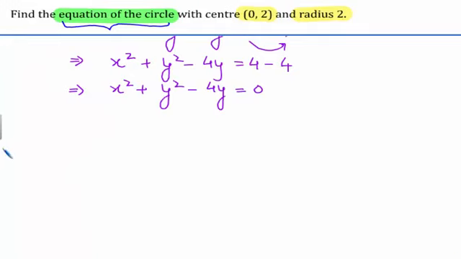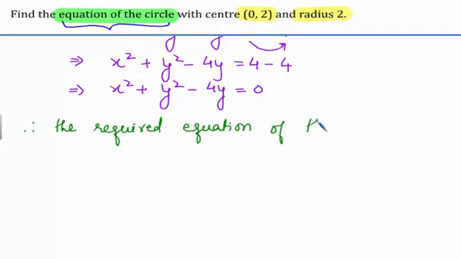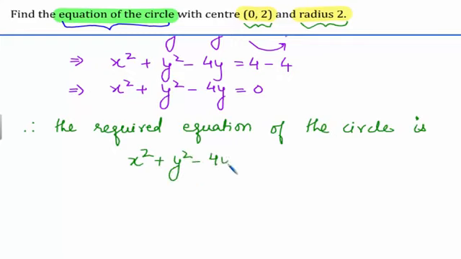Therefore, the required equation of the circle with center 0, 2 and radius 2 is x square plus y square minus 4y is equal to 0.